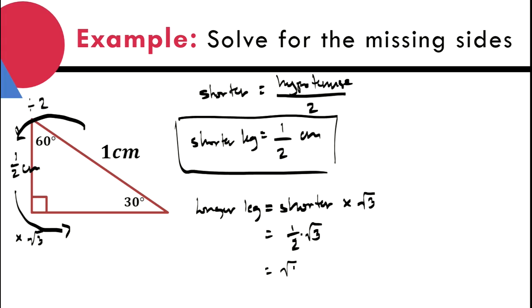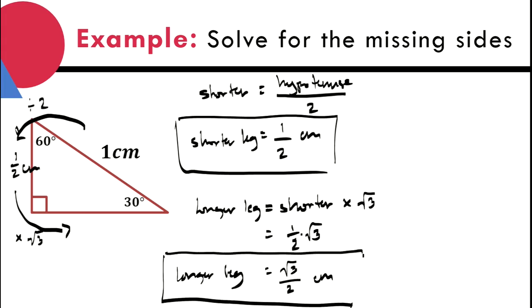We have square root of 3 over 2 centimeters. So this is now the measure of the longer leg, square root of 3 over 2 centimeters. No need to rationalize because our radical here is in the numerator. So this is already simplified.